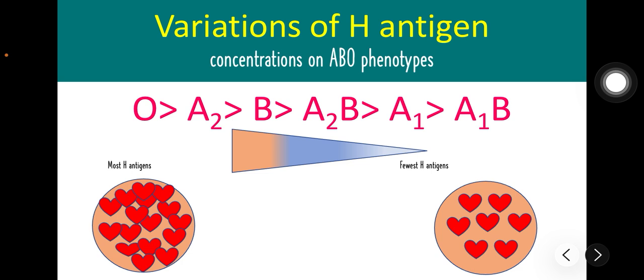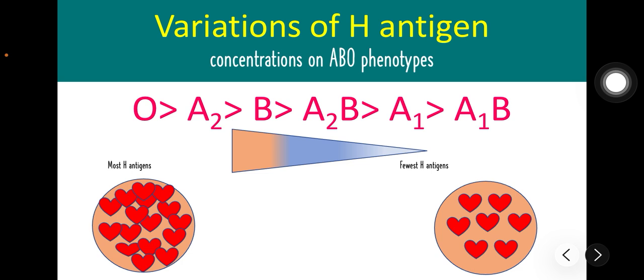For group A2, it produces a less efficient enzyme than the A1 gene. This lazy enzyme only converts some of the H foundation into A antigens, leaving a significant amount of detectable H antigens on the cell surface. For the B gene, it produces an enzyme that is moderately efficient at converting the H foundation.